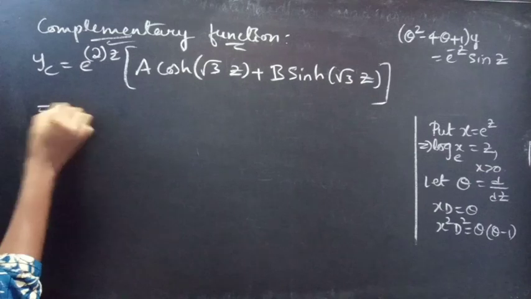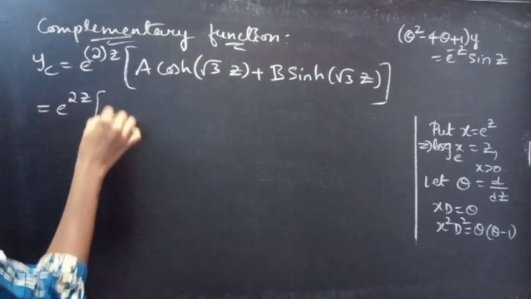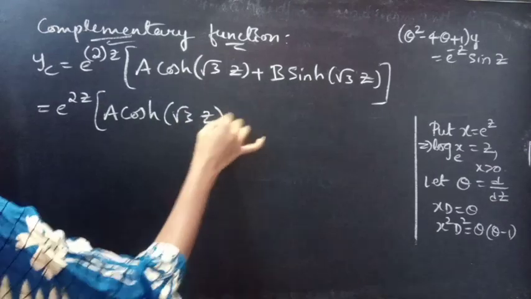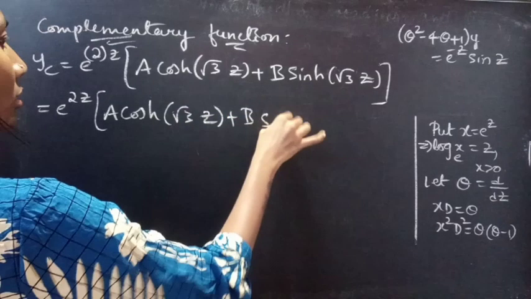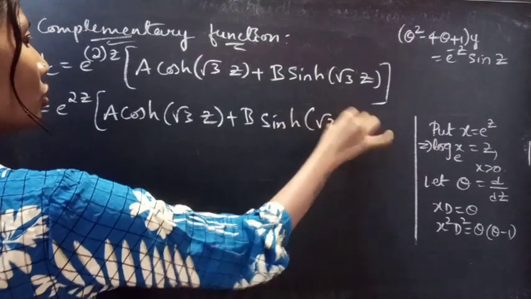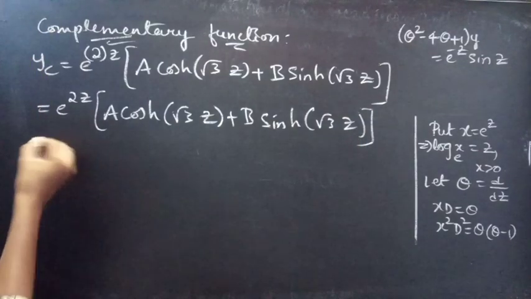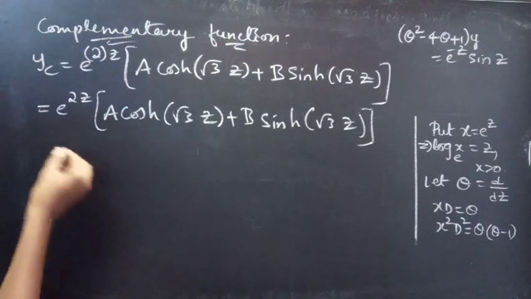See, we can write this as e power 2z into a cosh of root 3z plus b sinh of root 3z. Now we are having yc in terms of z. We can also write this in terms of x.